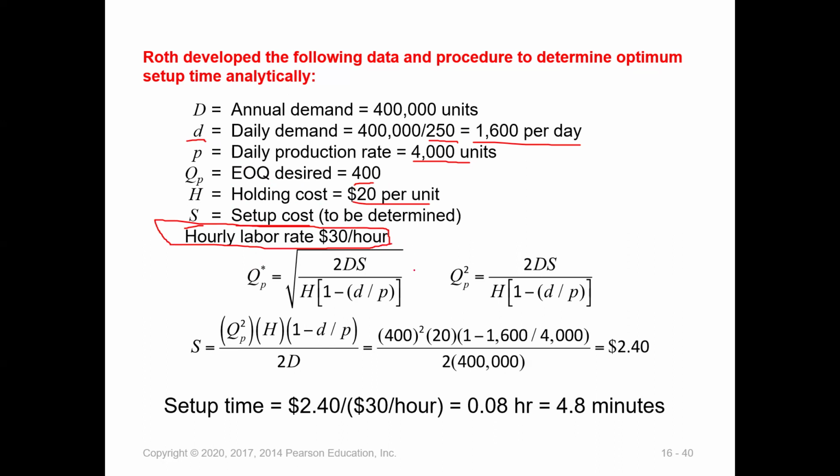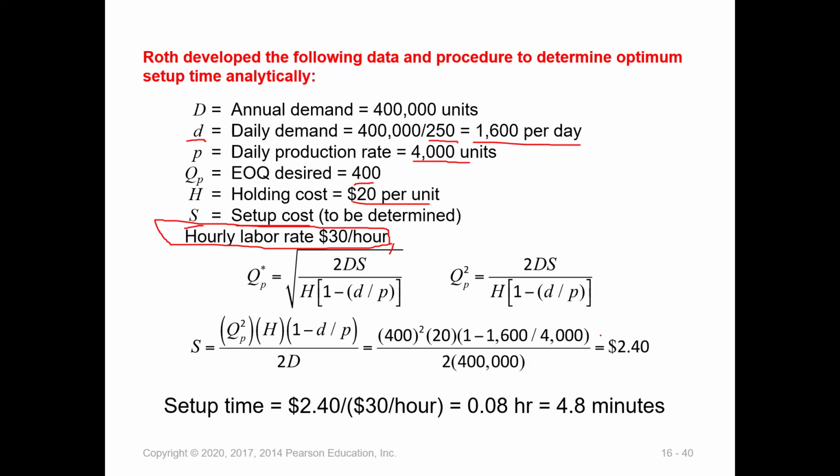Okay, so we rearrange the equation. So we have Q star p is the square root of 2dS over H times (1 minus d over p). If you square both sides, this will remove the square root, and this will be Q star squared p, which is equal to 2dS times H times (1 minus d over p).